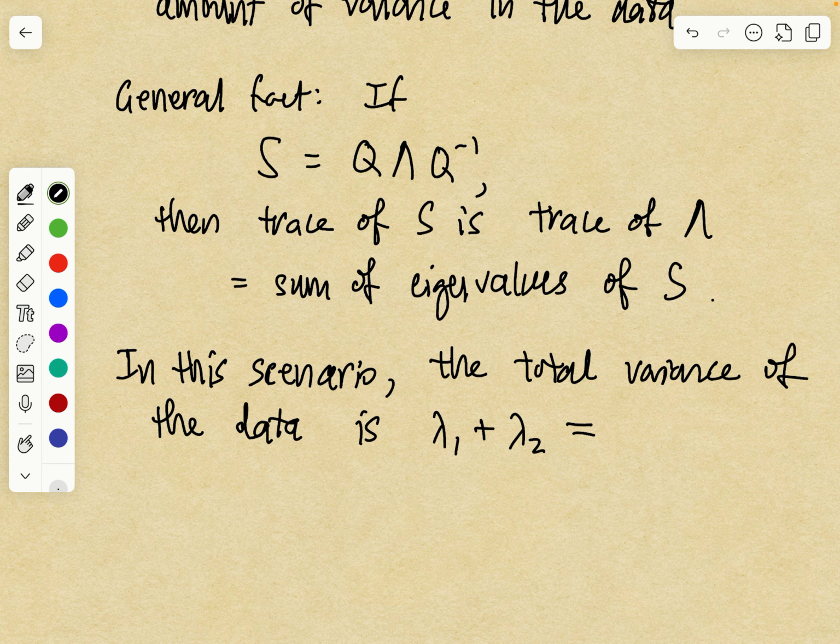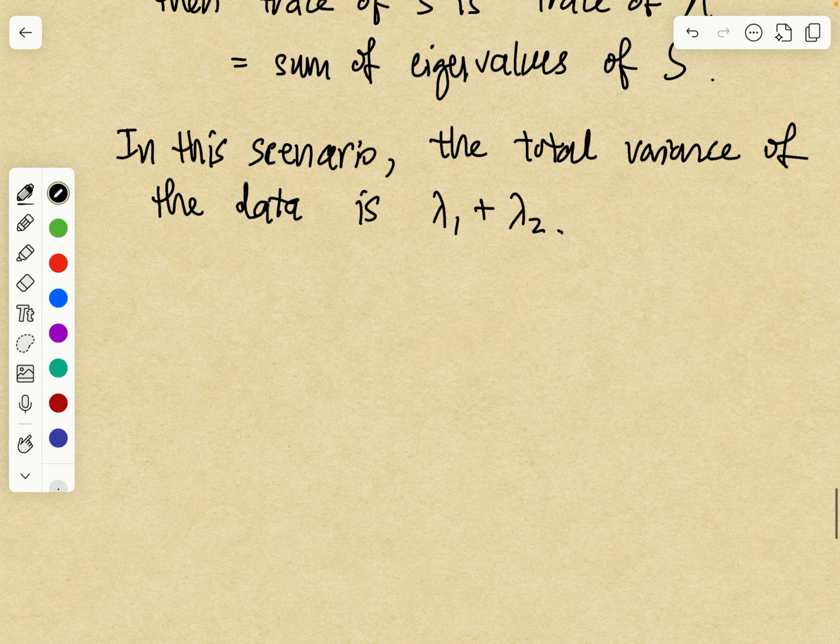Well, we have to find the eigenvalues of this matrix S. If you perform the diagonalization, you end up getting that u1 is (0.95, negative 0.32). You could also multiply this by negative 1 and make the unit vector go the other way, it's fine.